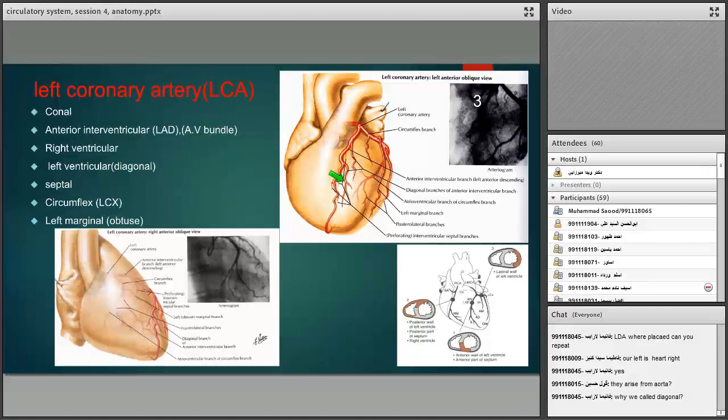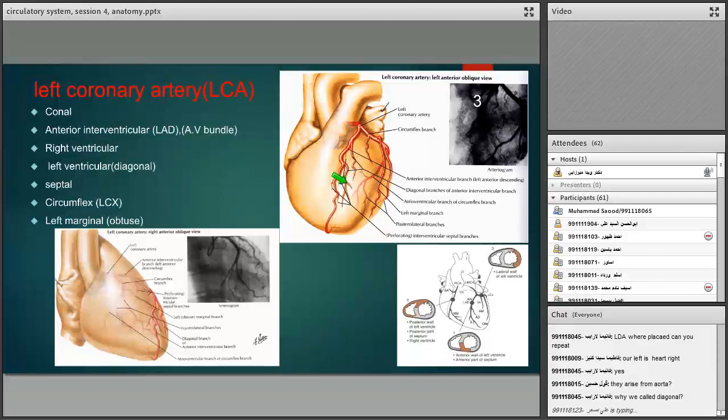Sometimes the D1 or the first diagonal is branching out of the circumflex branch, okay? But most of the time it is branching from the LAD. There are variations. Some people just have two diagonals, D1 and D2, or others have 3, 4, and there are many variations in the hearts.